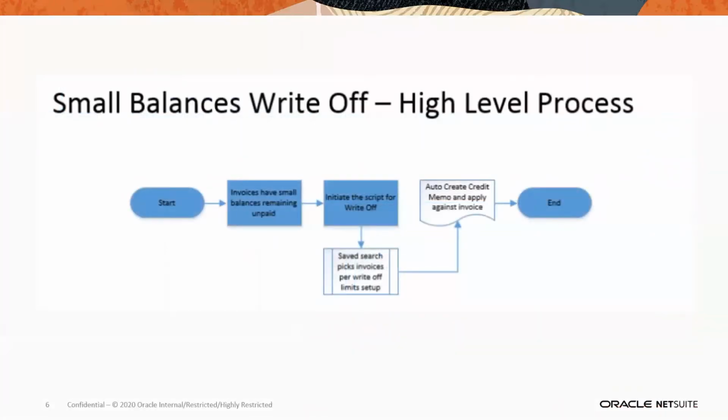And then the small balance write-offs you can run through NetSuite. There's a saved search that's provided that looks at your write-off threshold. A script then automatically creates the credit memo to close out those invoices.